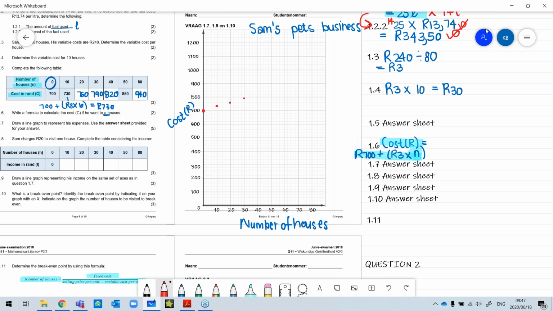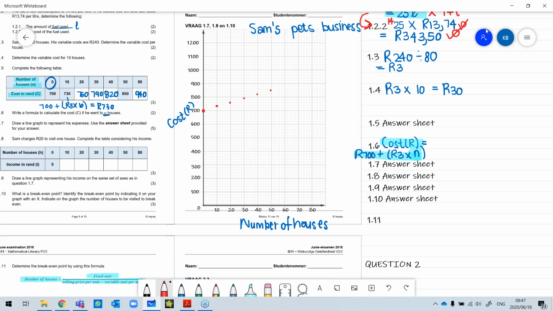This is extremely small scale, so please bear with me. For 40 houses, it's going to be about 820 rand expenses. For 50 houses, 850.